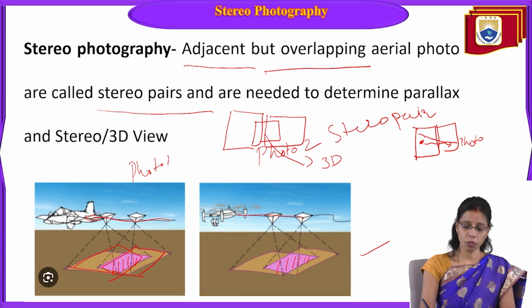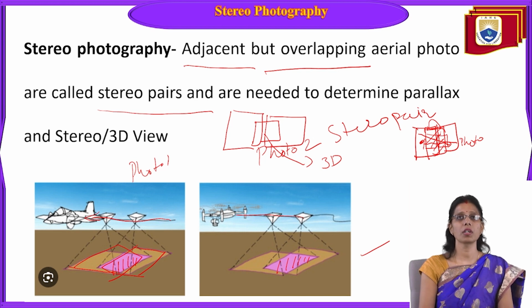But there will be some overlapping area: this road you can see in this photo, and the same road we can see in this photo also. Once you keep photo 2 over photo 1, some portion will be overlapped. This portion is the overlap area. These photos are required to see the 3D vision, and further we can determine the height of the object with the help of these photos only.